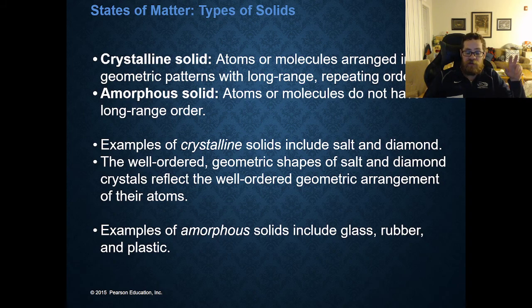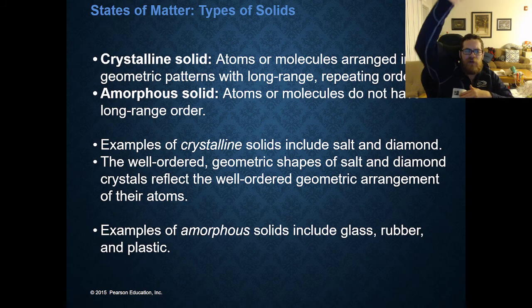That's a crystalline solid. So for example, salt, sodium chloride. If you pick up a grain of salt, that has trillions upon trillions upon trillions of sodiums and chlorines, and they are in a specific order. It actually alternates sodium, chloride, sodium, chloride, sodium, chloride. And it goes like that in every direction.